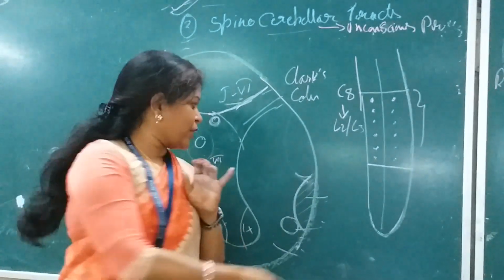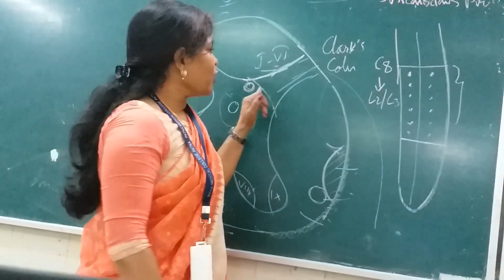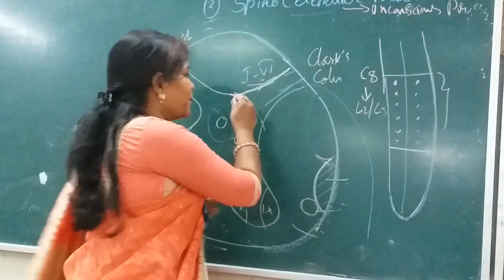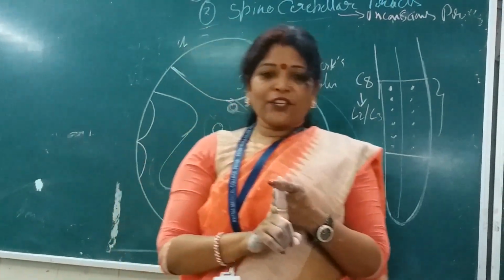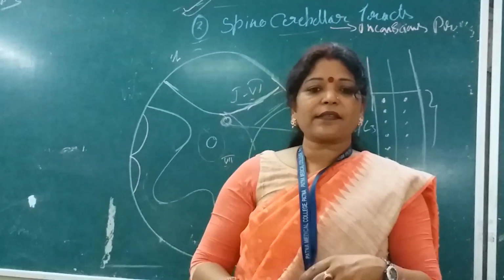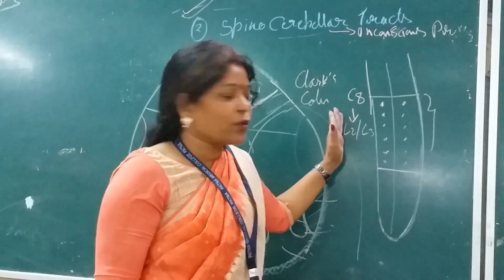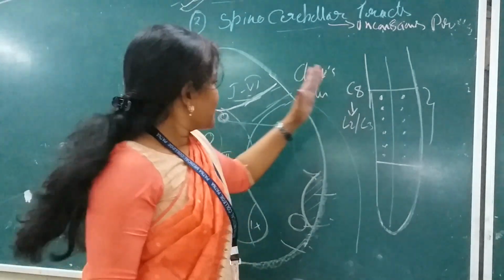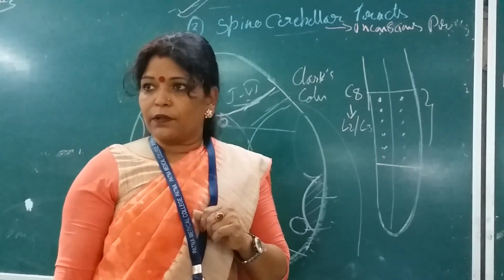Because any sensation which reaches the sensory grey horn will synapse there with the Clark column cell, and then the fibers will cross to the same side. The unconscious proprioceptive sensation along with some touch and pressure sensation from C8 to L3 segments will synapse with the Clark column cell, which is the second order neuron.